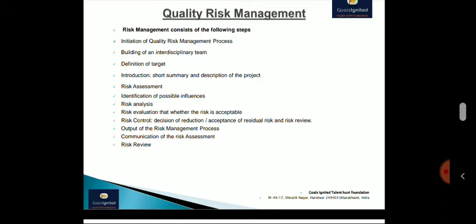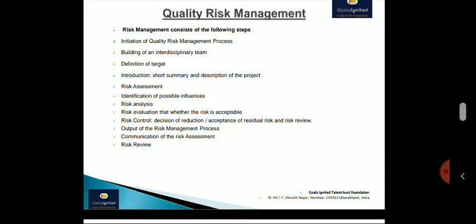What are the basic steps for any quality risk assessment or management? Quality risk management generally consists of the initiation of the quality risk management process, then building of an interdisciplinary team, meaning persons from different sections or departments, basically cross-functional. Then definition of the target for which you are going to have the quality risk assessment, and the introduction, short summary and description of the project you are going to assess.